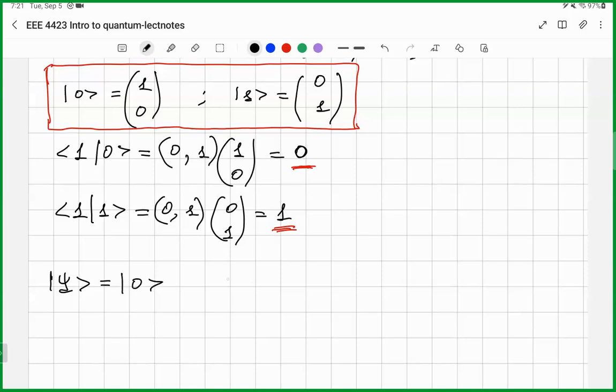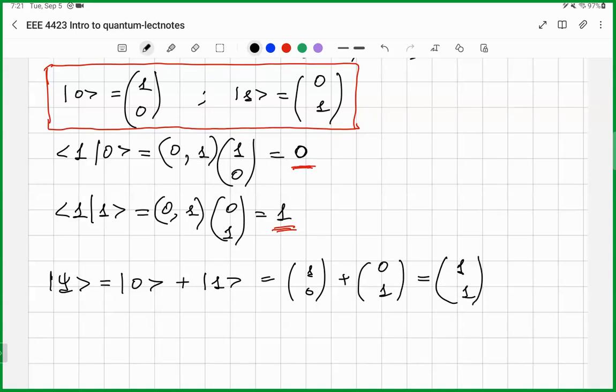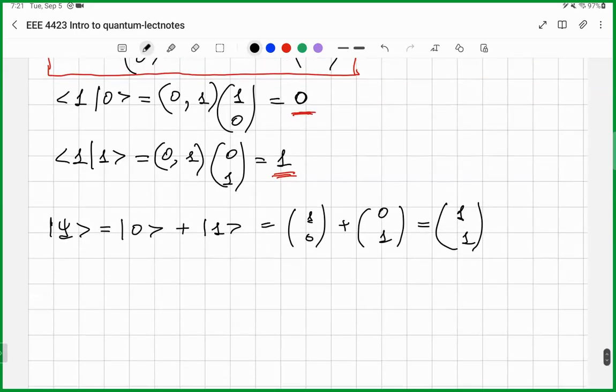We can take the first one and add another one, and this is another vector in this two-dimensional Hilbert space with components 1, 0, 0, 1, which is 1, 1. But for the quantum, we need to keep all the vectors normalized. So we need to normalize this vector.